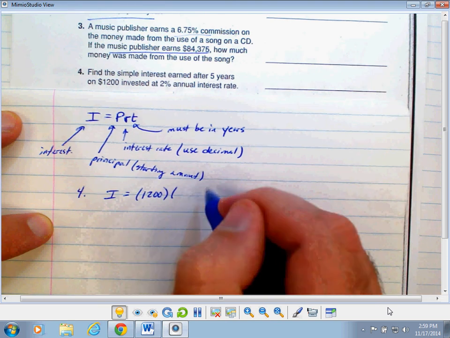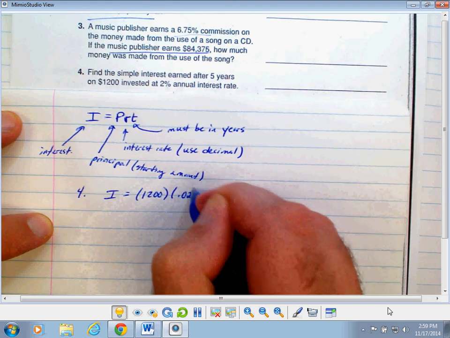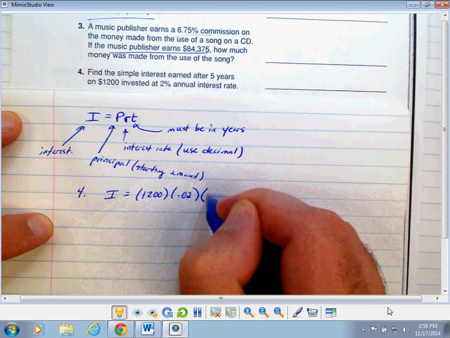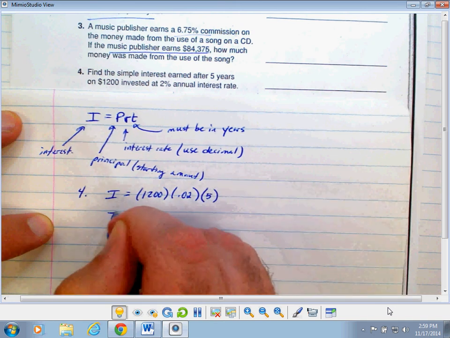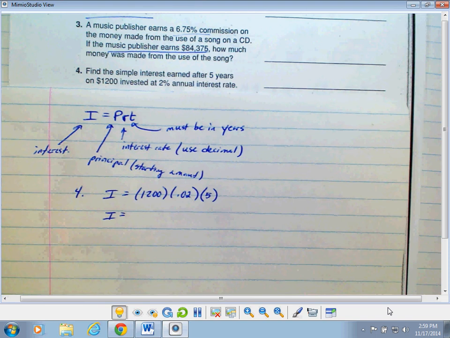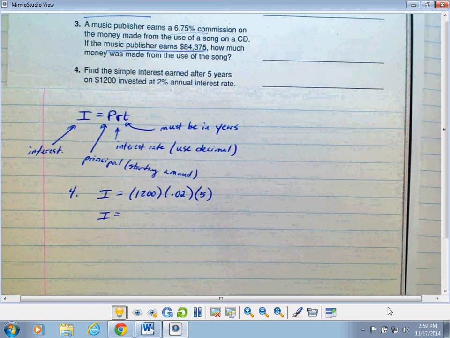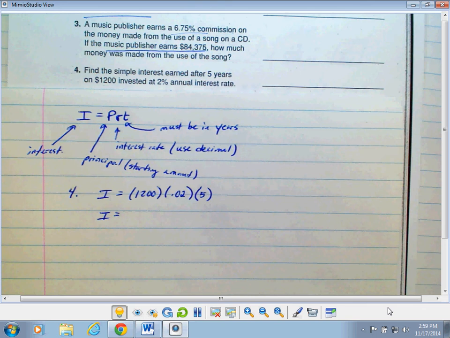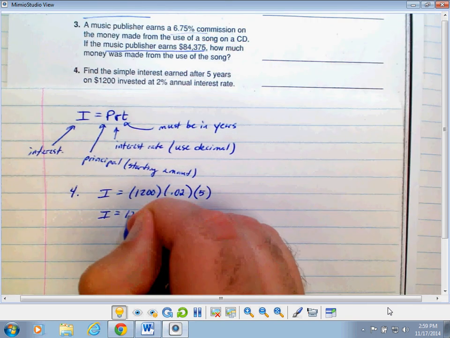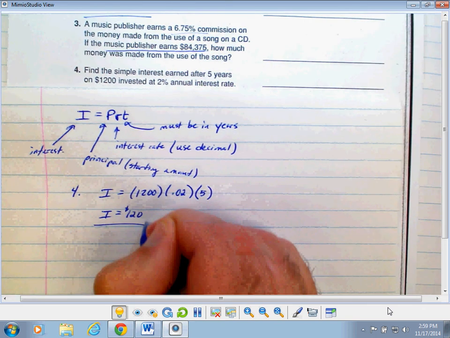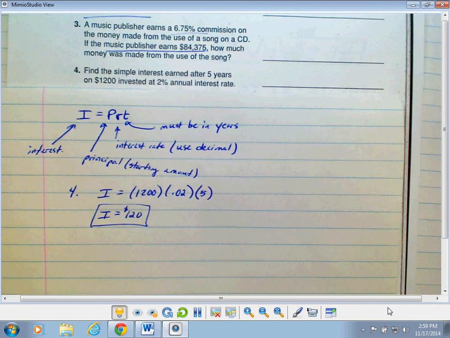The interest, 2%, 0.02. And the time, 5 years. In this case, all you have to do is multiply the numbers right across. 1,200 times 0.02 times 5, and you get $120. So this person made $120 in interest.